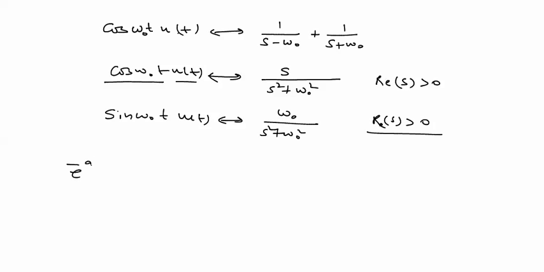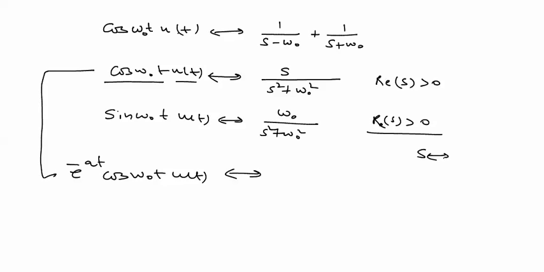We can write one more expression which comes from this expression just by replacing s with s plus a, and we get another Laplace transform with the help of this idea.